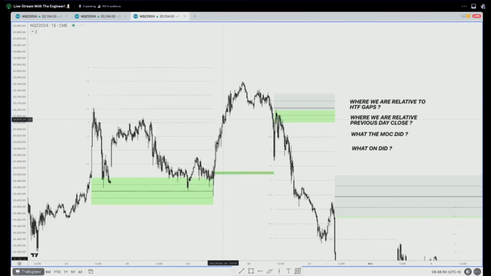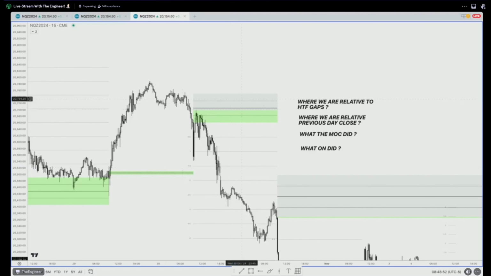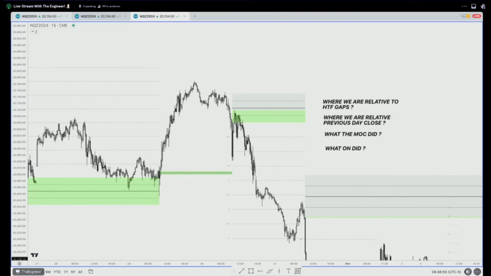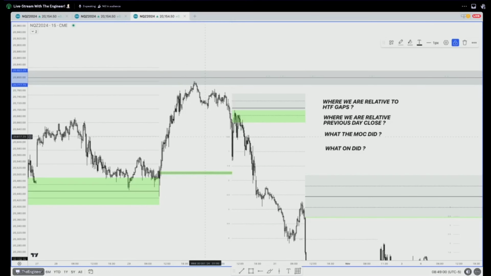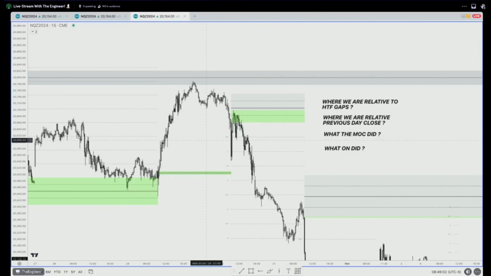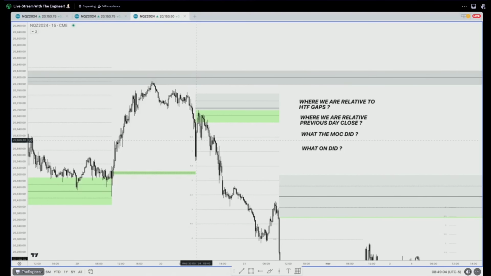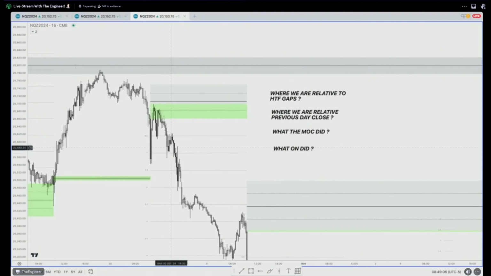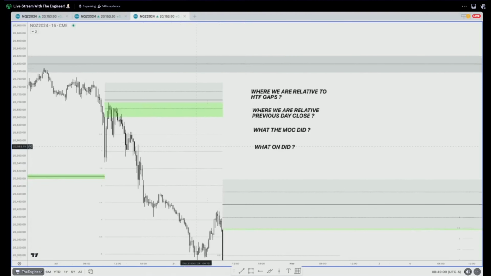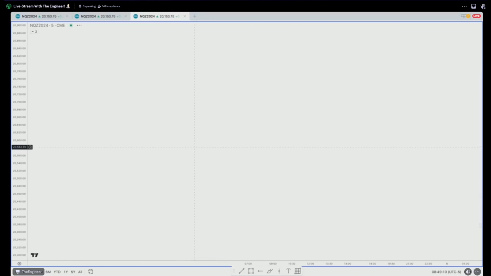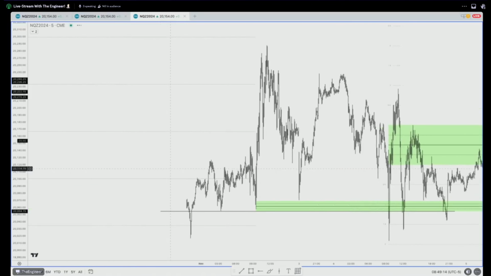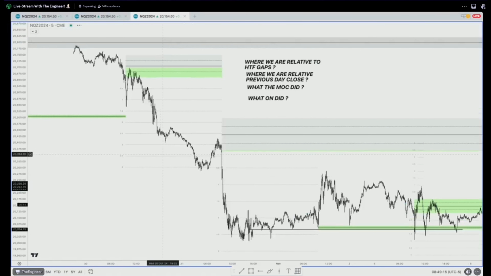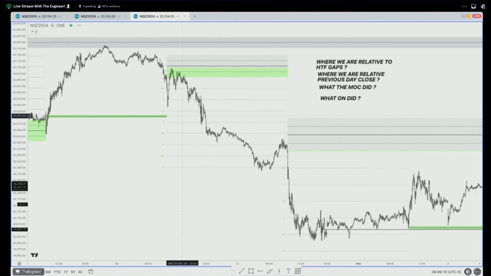So it was this day after we tap into this. I will drop to the market on close here on 5 minutes, 15 minutes. This is part of my protocol every day to see what the previous market on close did.